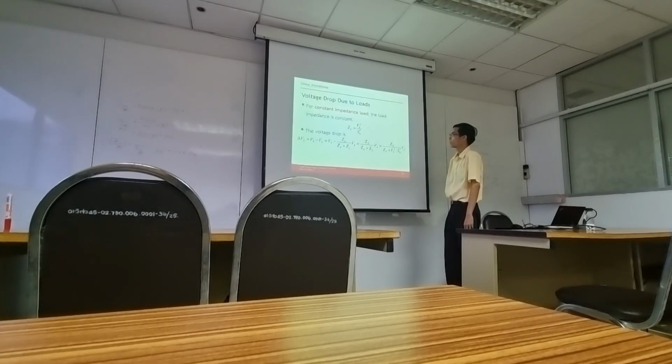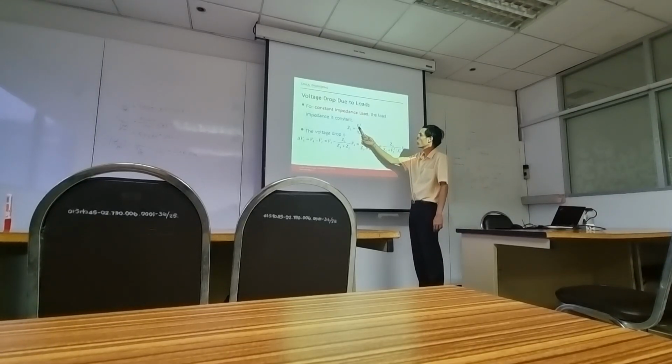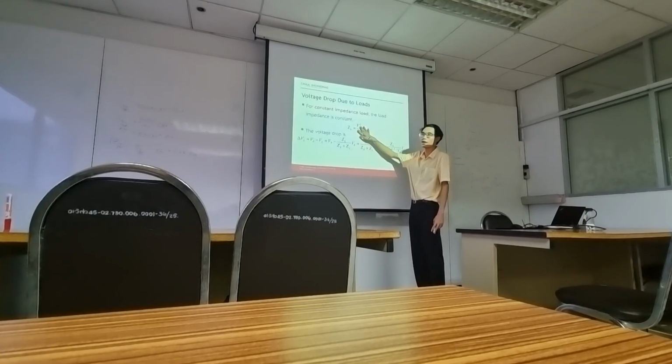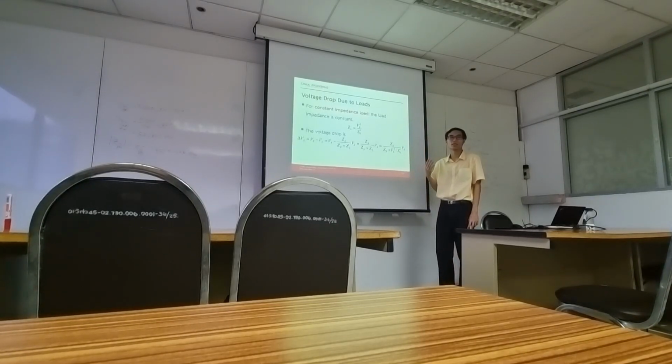I think I did not tell you, but if this is line to neutral, this would be single phase. This is maybe the single phase representation of three phase. Be aware of this. When you do some calculation, you have to think about whether this is line to neutral or line to line, single phase or three phase, or something like that.